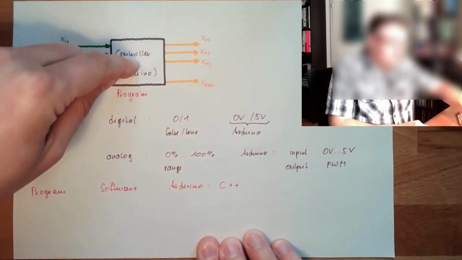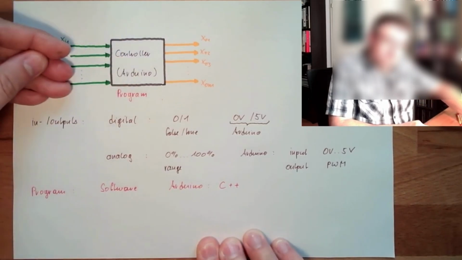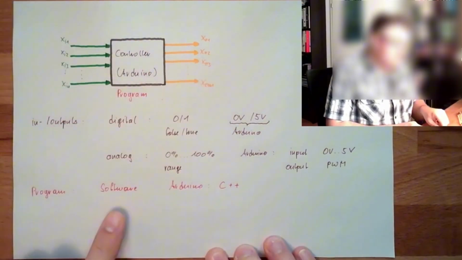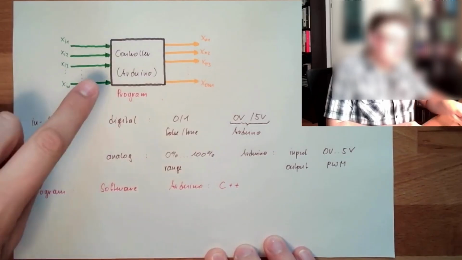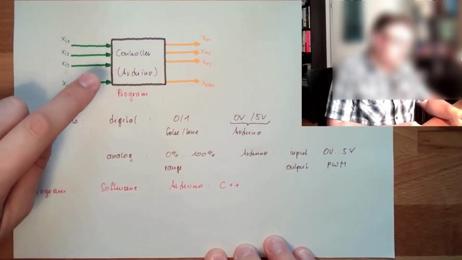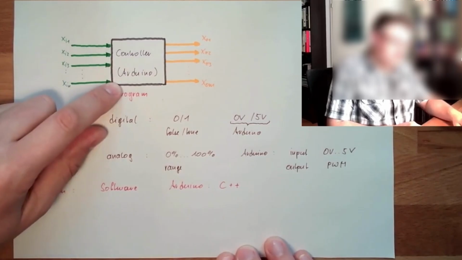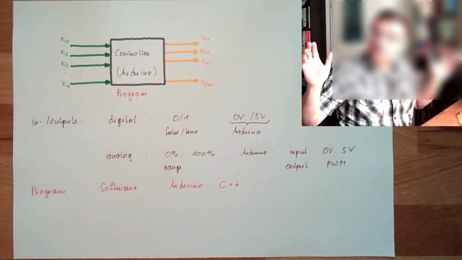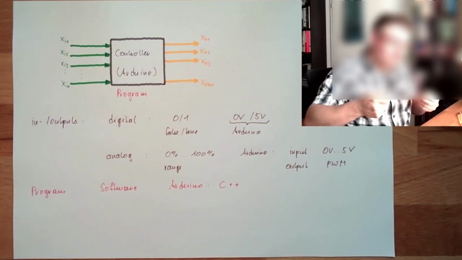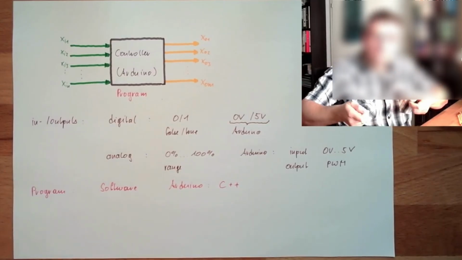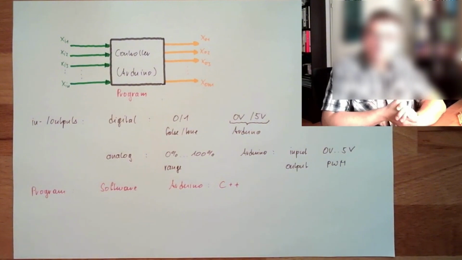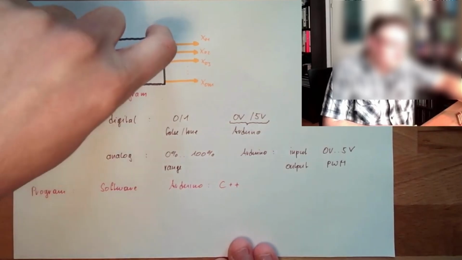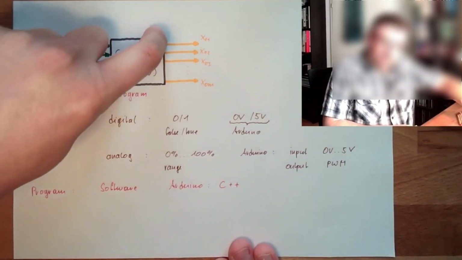So the logic, which is combining the inputs and calculating what the output shall be, is a piece of software. There are other methods, maybe in wiring, or if it's not an electrical controller, then maybe also in piping, if it's a pneumatic controller. It doesn't really matter. Right now, for us, this is a piece of software.